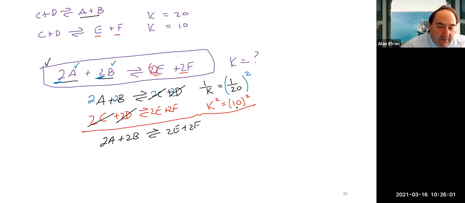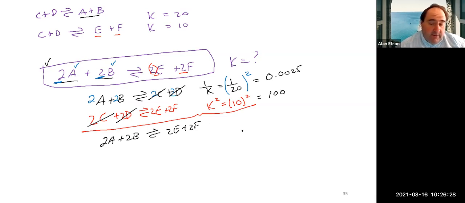Now, an important part here is we are not going to add those numbers, we're going to multiply them. So we get 1 divided by 20, and then we square it, and that will get us something like 0.0025. We take 10 squared in that case, which gives us 100.